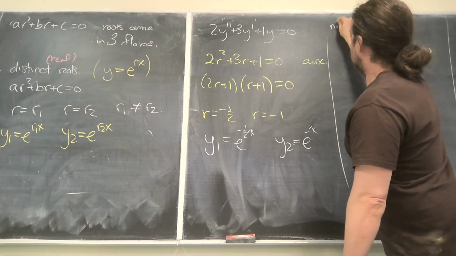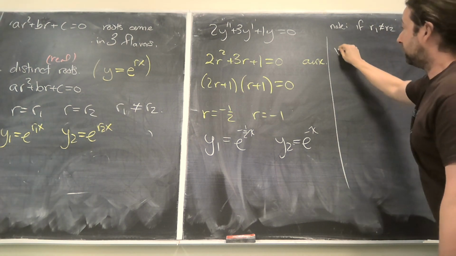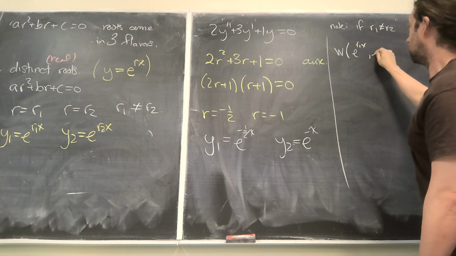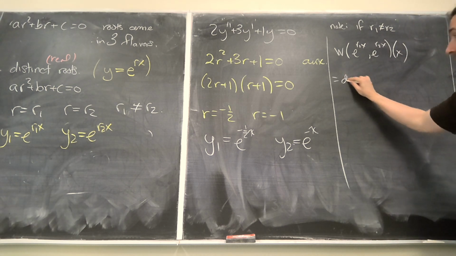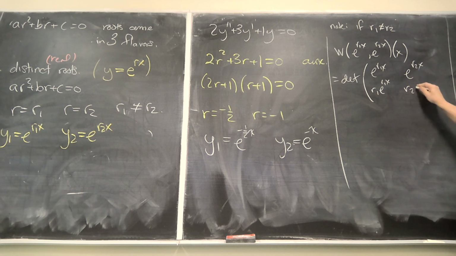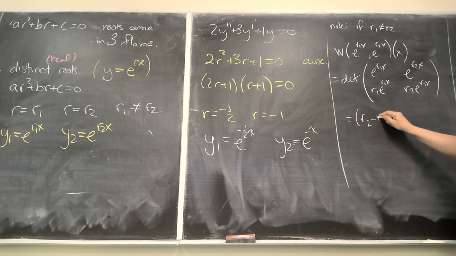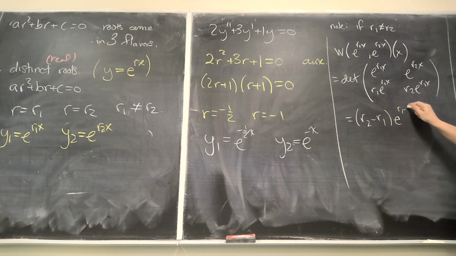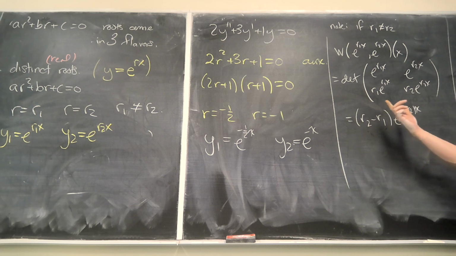So note, if r1 is not equal to r2, then the Wronskian of e to the r1x, e to the r2x as a function of x is the determinant of e to the r1x, r1 e to the r1x, e to the r2x, r2 e to the r2x, which is, after you calculate, (r2 minus r1) e to the (r1 plus r2)x.